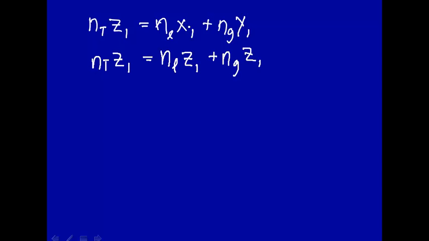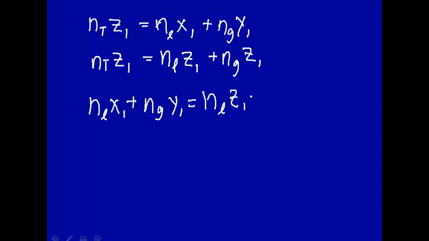So let's equate these two. The total number of moles in the liquid phase times x1 plus the total number of moles in the gas phase times y1 is equal to the total moles in the liquid phase times z1 plus the total number of moles in the gas phase times z1.